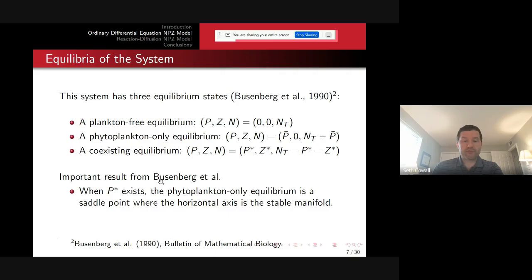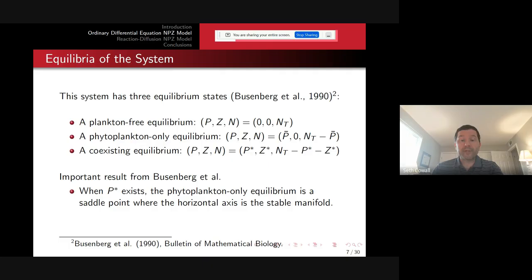Another important result from Busenberg and colleagues was that when the parameters are in the range such that the coexisting equilibrium exists, the phytoplankton-only equilibrium happens to be a saddle point where the horizontal axis is the stable manifold.